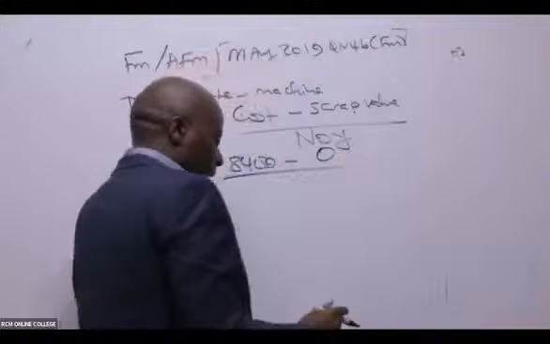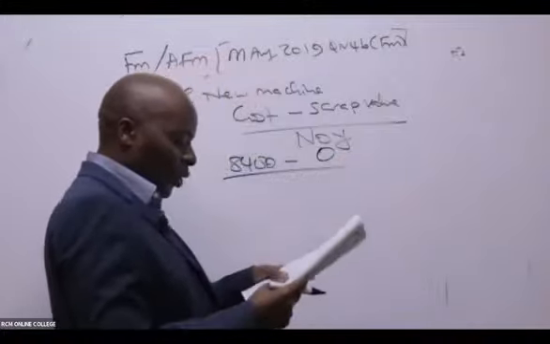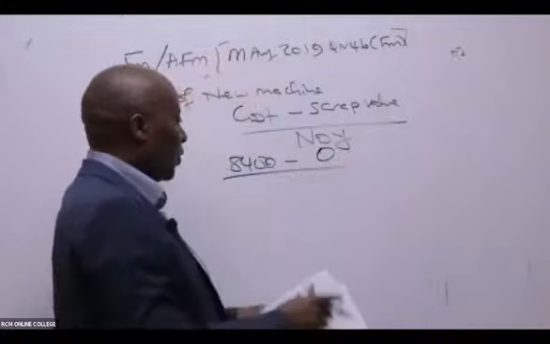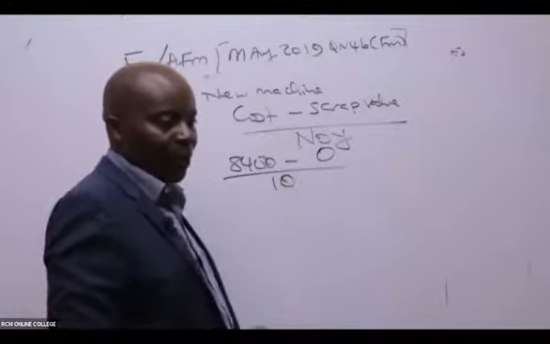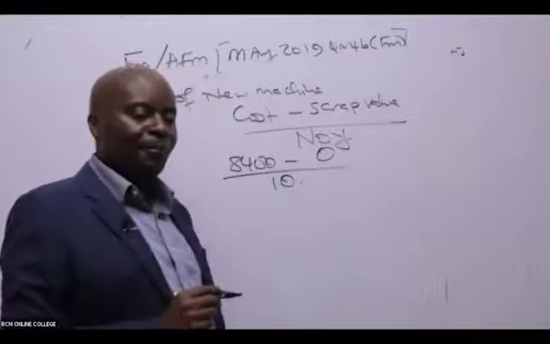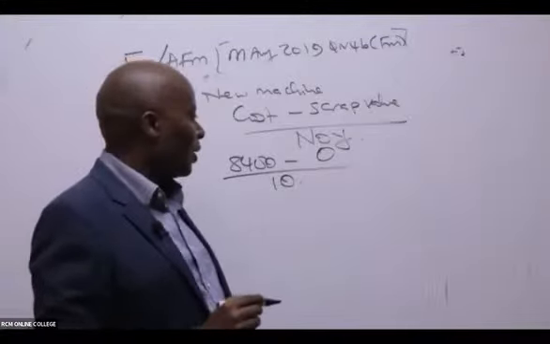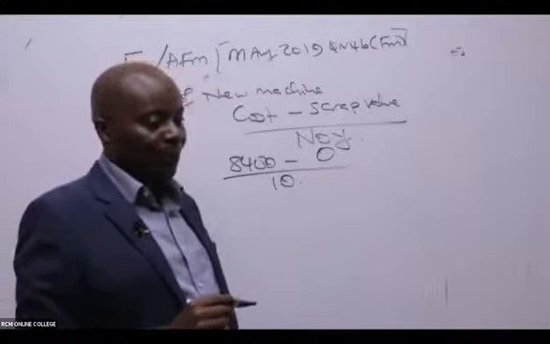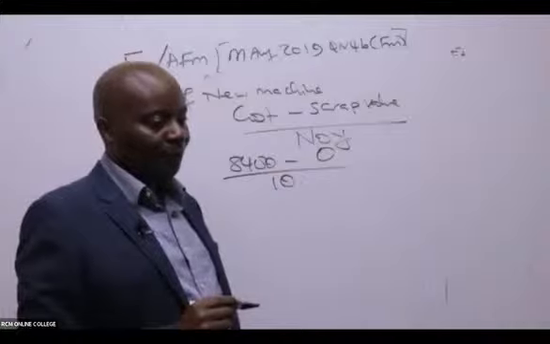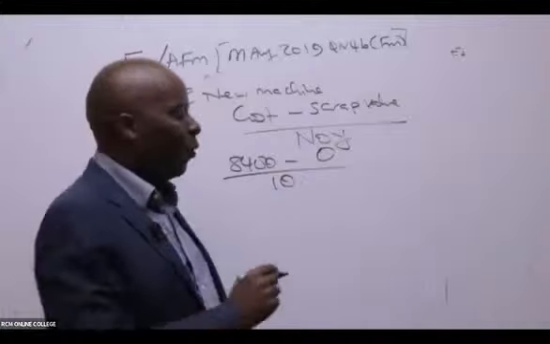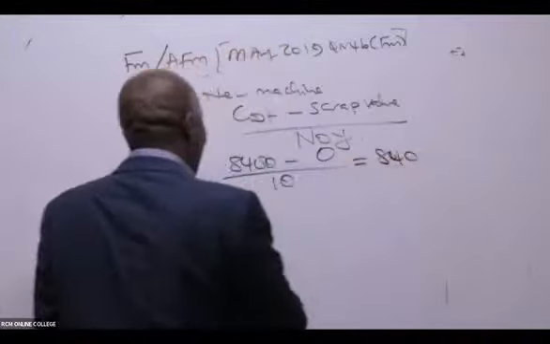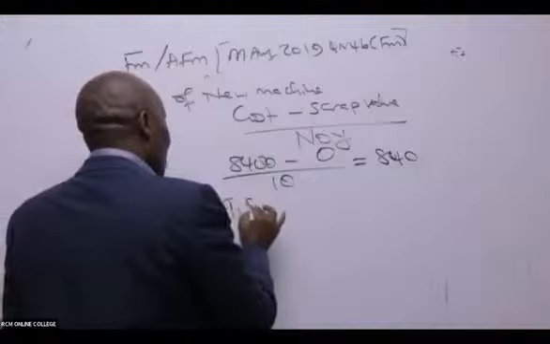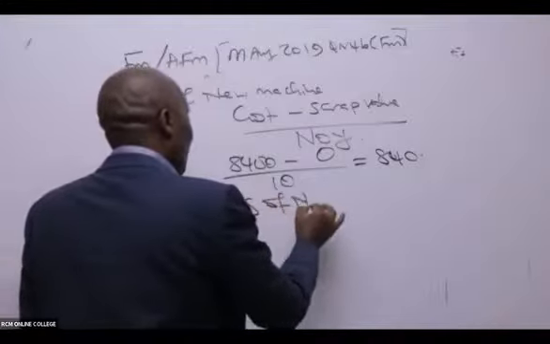Divided by how many years does it have? Number of years is 10 years. So then, are you able to give me this figure? 840, 840, 840. So please go ahead and give me the depreciation tax shield of the new machine.